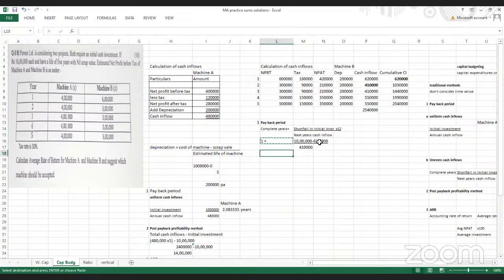1 plus. Now solve this second part. 10 lakhs minus 6,20,000 divided by 4,10,000. Okay, if we solve this, we'll get.